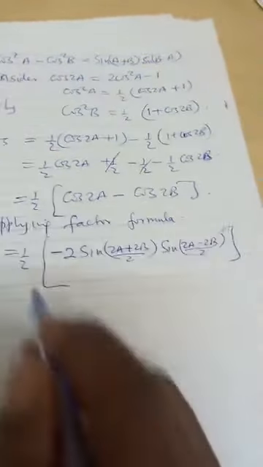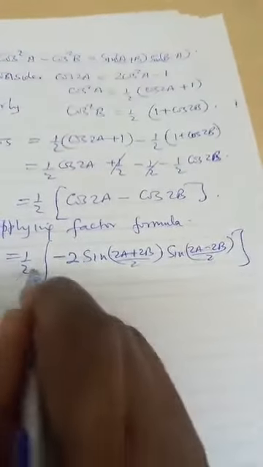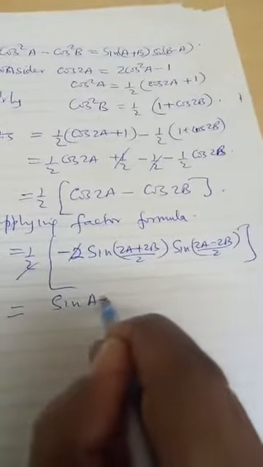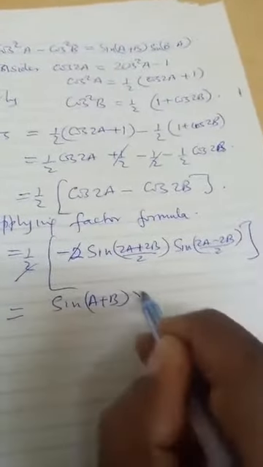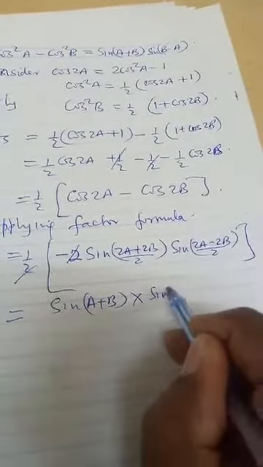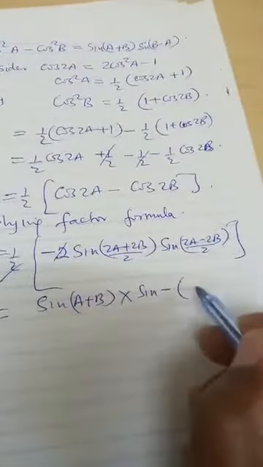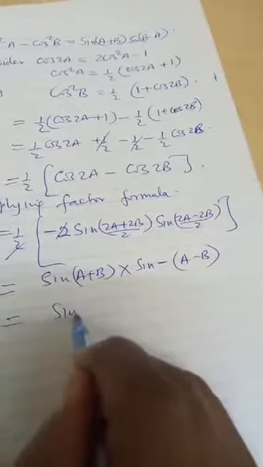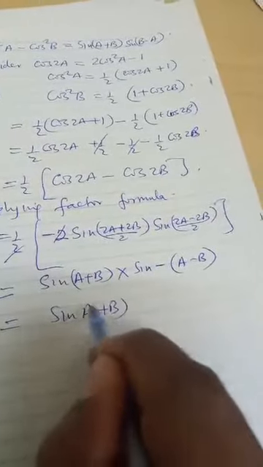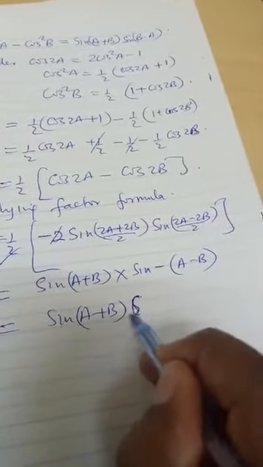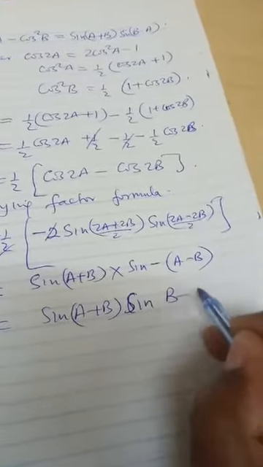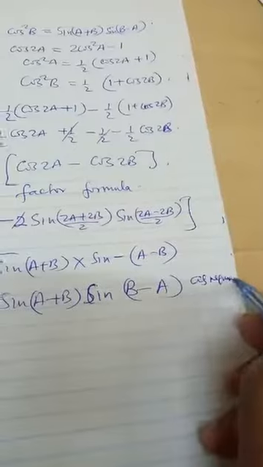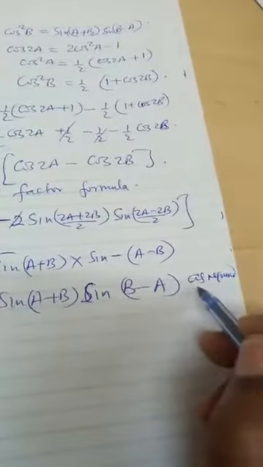And this definitely will cancel with that 2, and I'll have sine of A plus B times the sine, I will enter this negative inside again, of A minus B, which will give me sine of A plus B into the sine of B minus A, again as required, which is equal to the right hand side, hence proved.